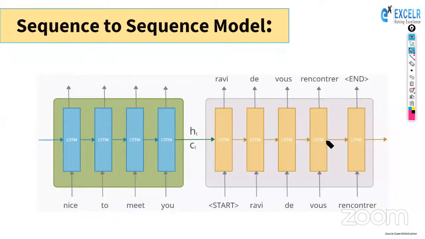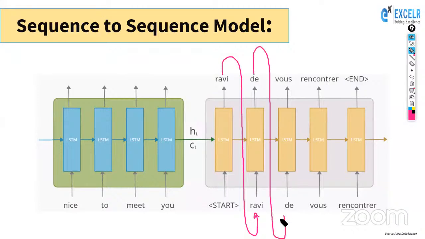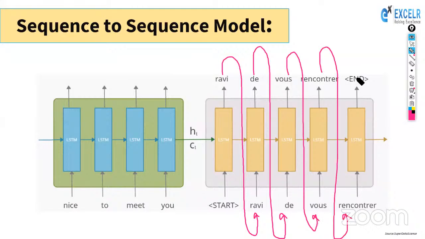Now, for the decoder, the output which is generated at each and every node will become input to the next node or next LSTM model. All right. And at the last, we have an end of word.